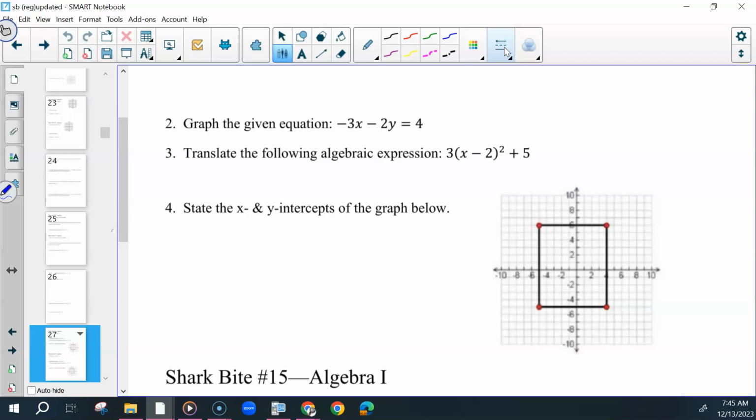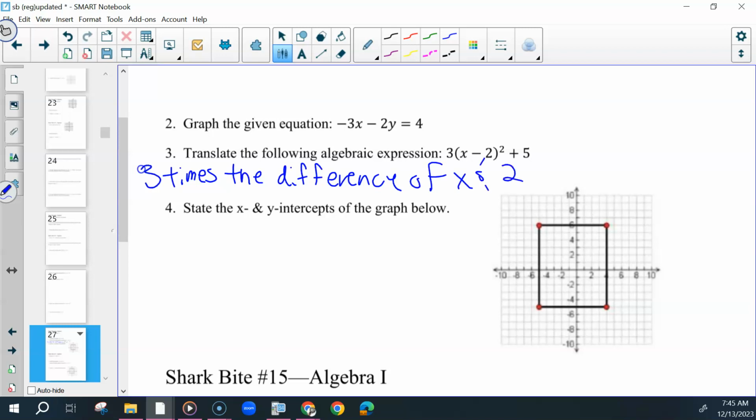So one way we could have written this is 3 times the difference of x and 2, comma squared to show that they were all squared, all added to 5.